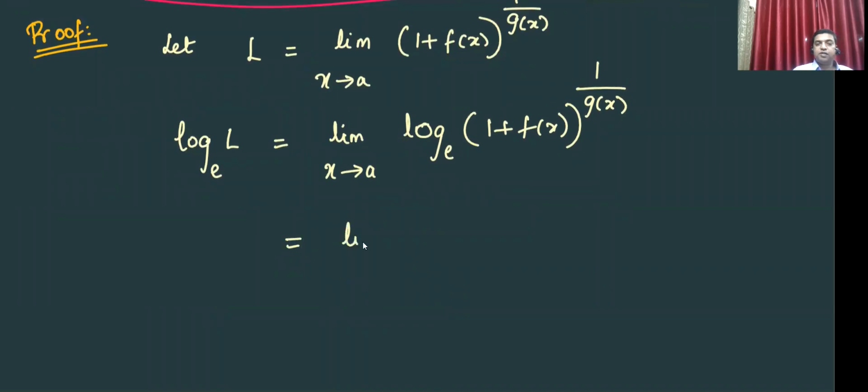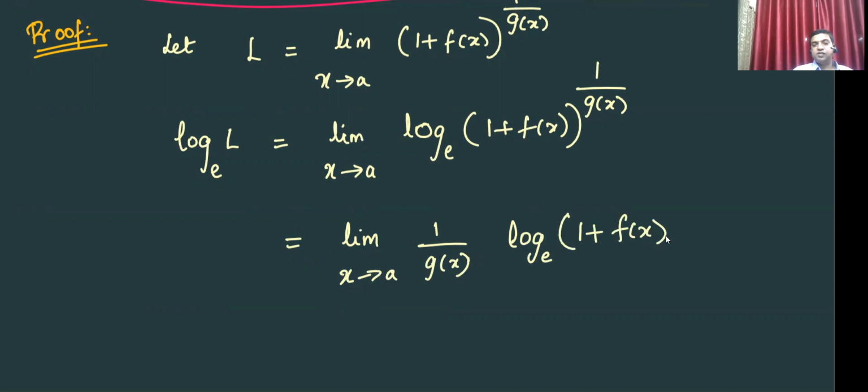So this will be limit x tends to a, 1 by g of x into log to the base e, 1 plus f of x. Now to this, I divide by f of x and I multiply by f of x.